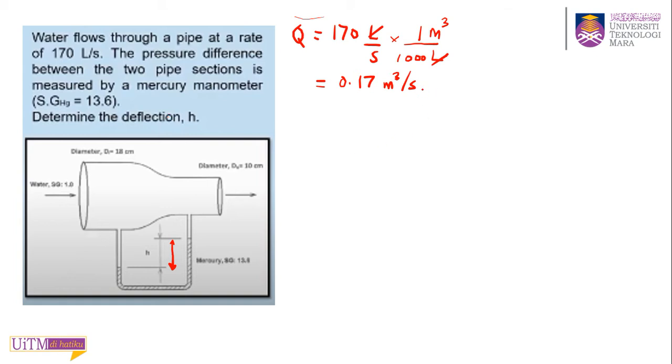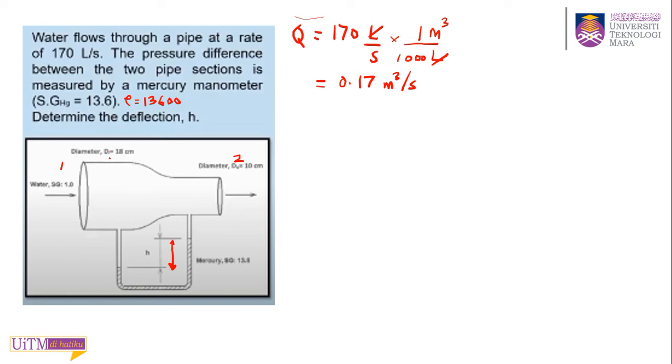So this is the Q, the volume flow rate. And you know the rho of the mercury here, 13,600. Okay, now you want to find H. So you have one inlet. Let's say this is 1 and this is 2, one inlet and one outlet.